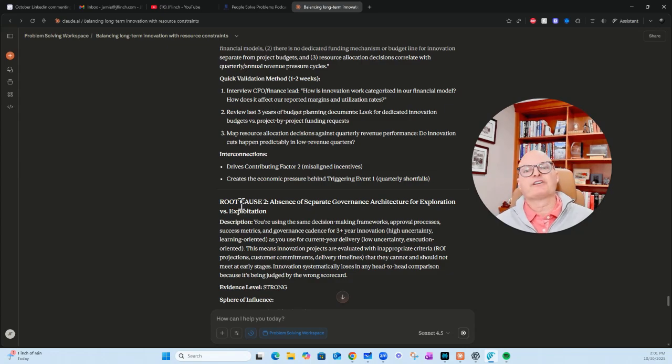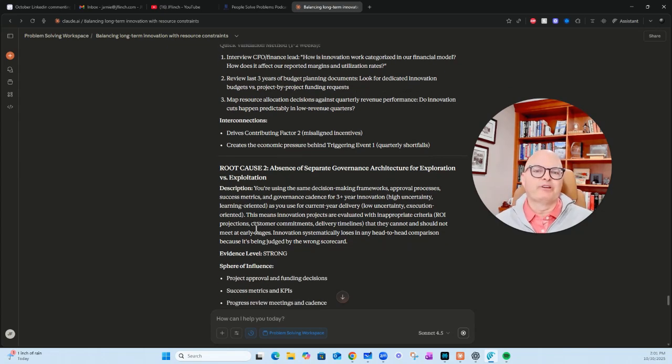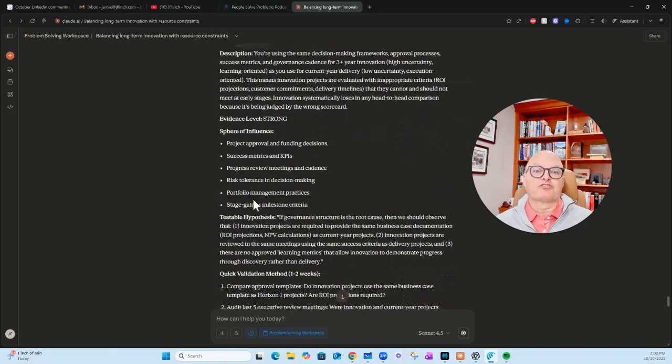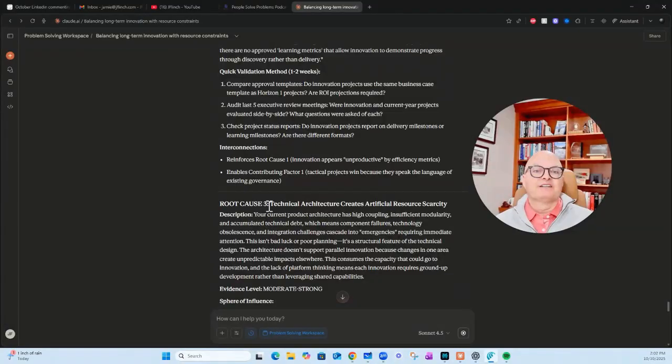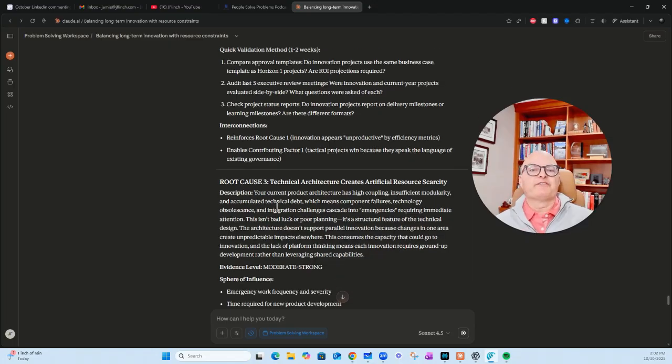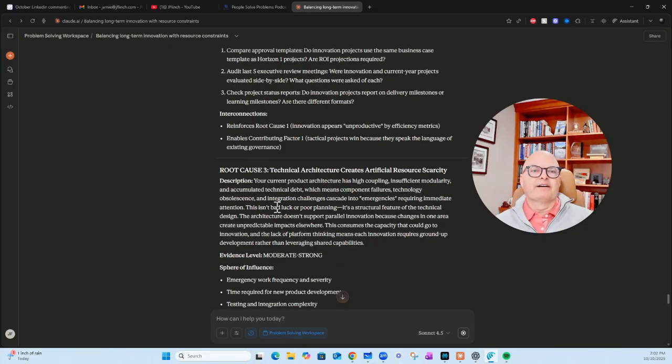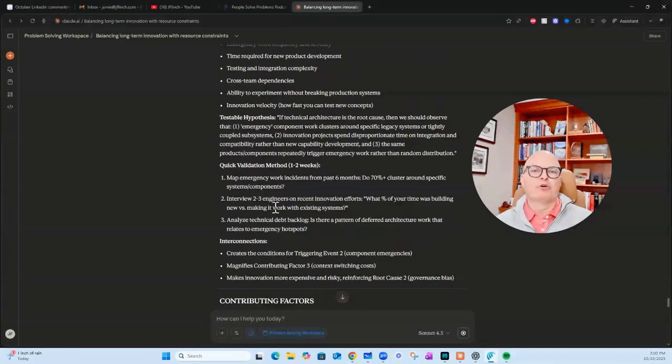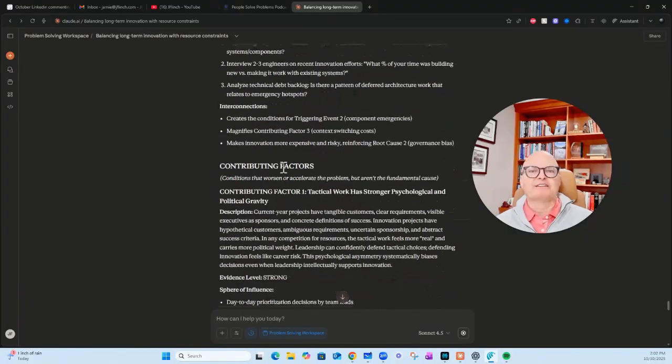Exploitation, very specific. So it's very common that we look at those next to each other and we always go after the sure things versus the shot in the dark. Technical architecture creates artificial resource scarcity. We have specific levels of technical resources that essentially constrain who we want to engage, and how do we test for that, etc.